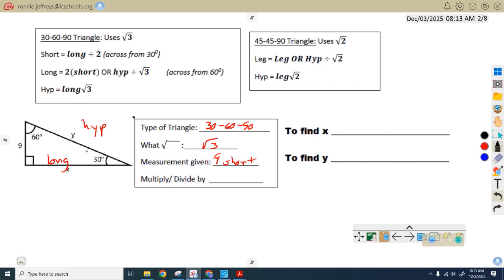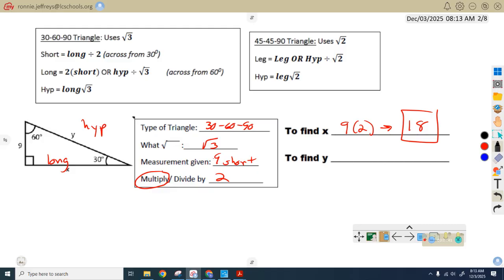Say it again. Times 2. We are going to multiply by 2. So to find x, we're going to say 9 times 2, and this is 18. That is our answer. Now, y is our hypotenuse.